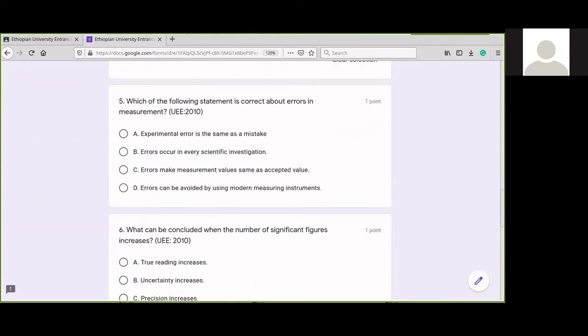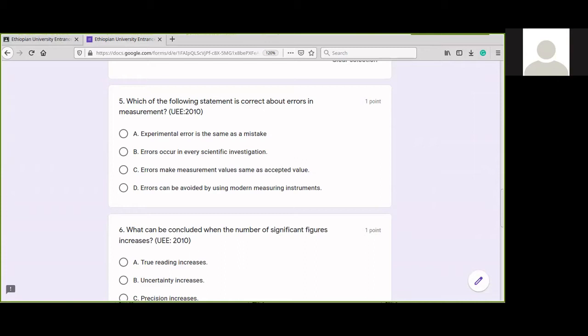Okay. Let's see question number 5. Which one of the following statements is correct about errors in measurement? A, experimental error is the same as mistake. B, errors occur in every scientific investigation. C, errors make measurement value the same as the accepted value.